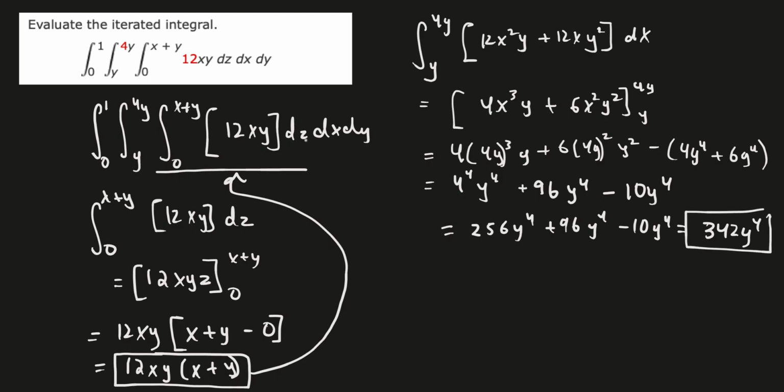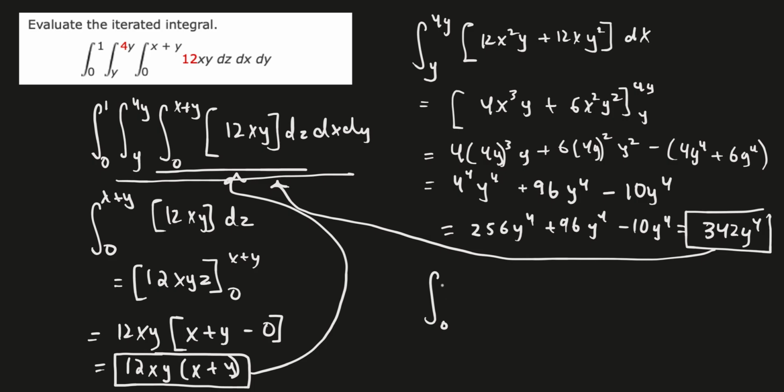This is going now into all of this. So that becomes the integral from 0 to 1, and this is just easy now. It's 342 y to the 4th dy.